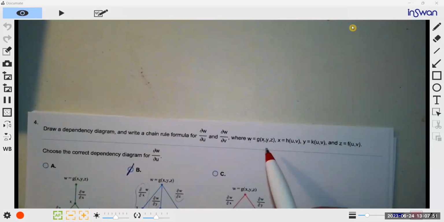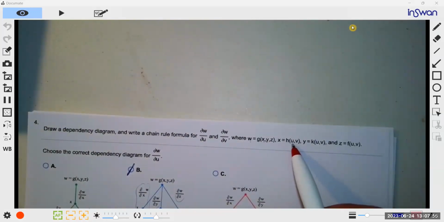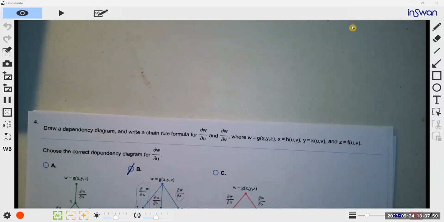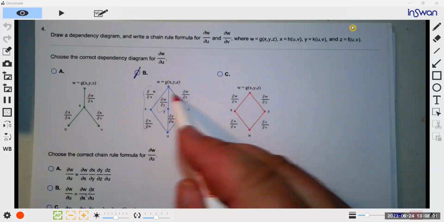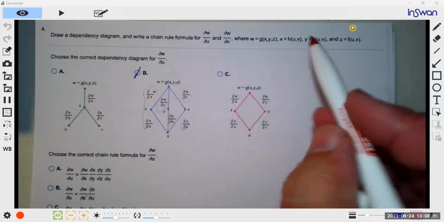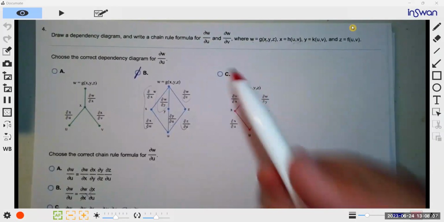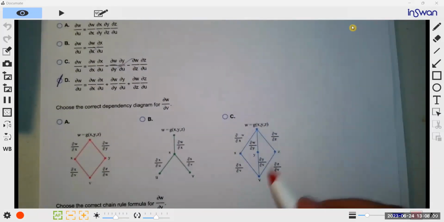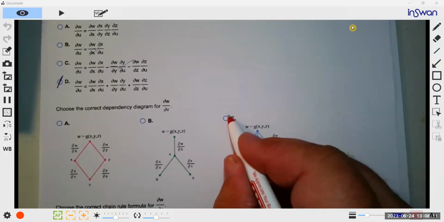Okay, yeah, so we see here that x, y, and z are all functions of u and v. So it's going to look identical to this one, except it'll have dv. Because we first have to do it with the u, then we have to do it with the v. So it's C.